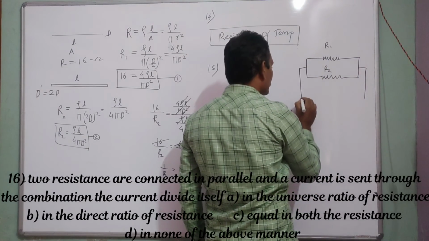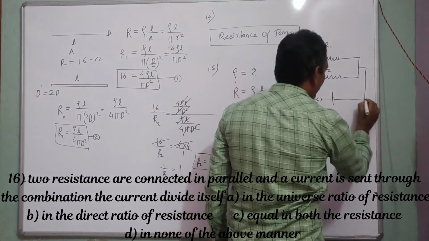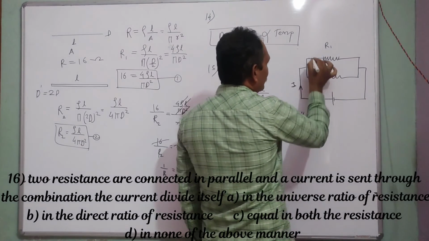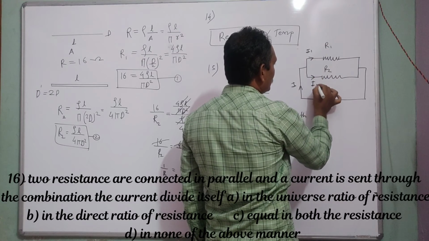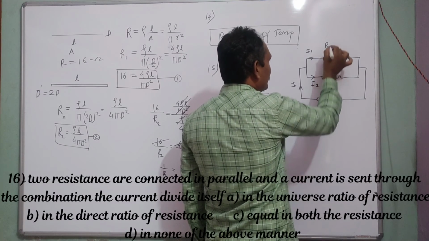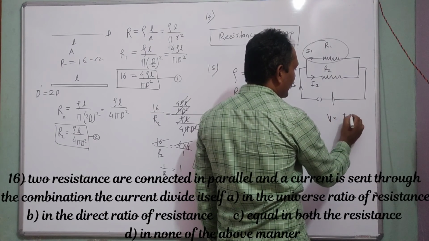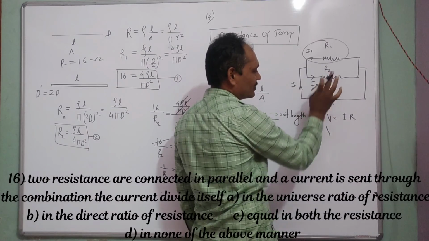Apply the battery. The key is closed and current I flows. This is current I, this is current I1 and this is current I2. Apply Ohm's law: V equals IR, and in parallel the voltage is constant.